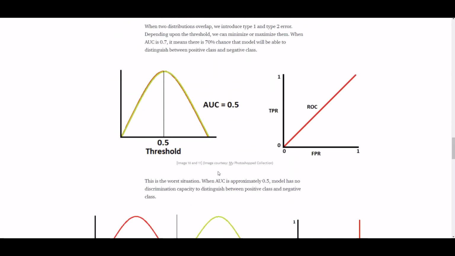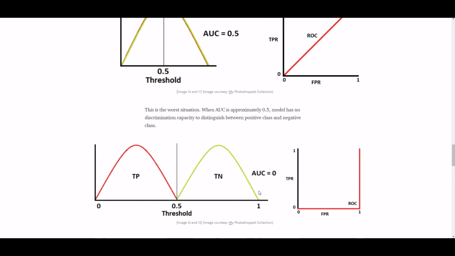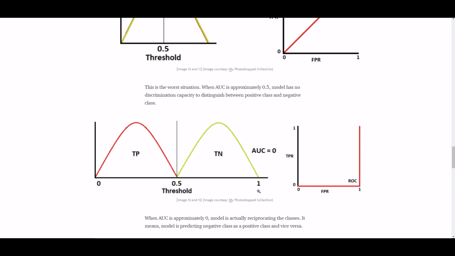This is the worst case scenario. So this is where we just have false positives and false negatives. Area under the curve is 0.5. So the model has no discrimination capacity to distinguish between positive and negative classes. And in this case, this is a really weird case.